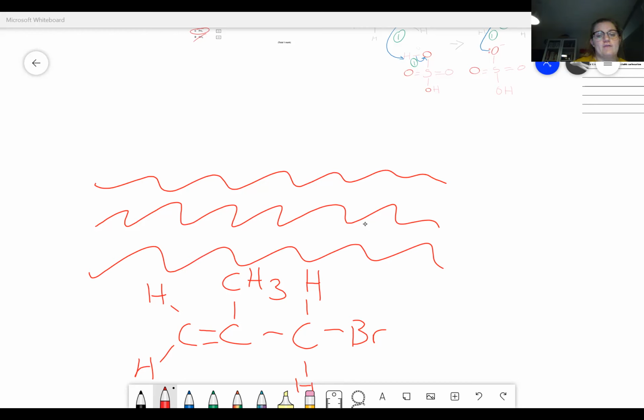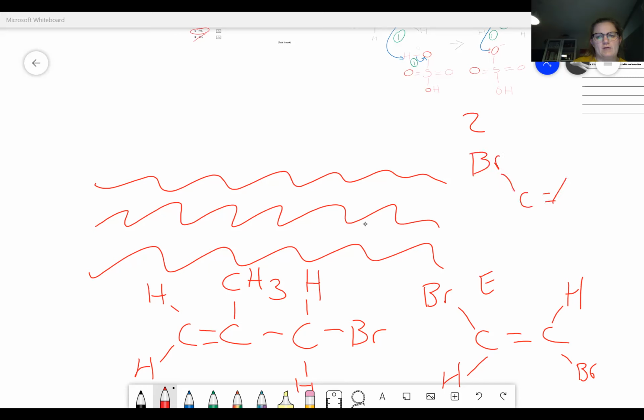And remember, EZ isomerism is where, for example, if we have this, then that would be our E, and then our Z would be the other way round.